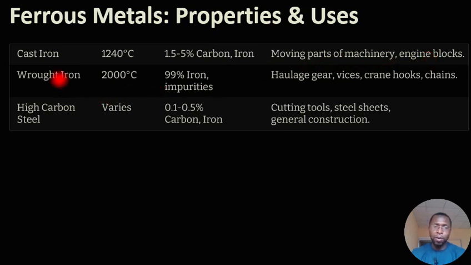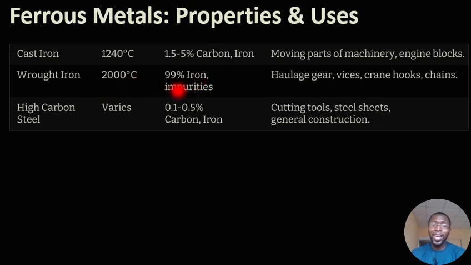Another type of ferrous metals are the wrought iron. The wrought iron has a melting point of 2000 degrees Celsius. This means that for you to melt this material, the temperature of the heat must be up to this level before it can be melted. That's known as the melting point.